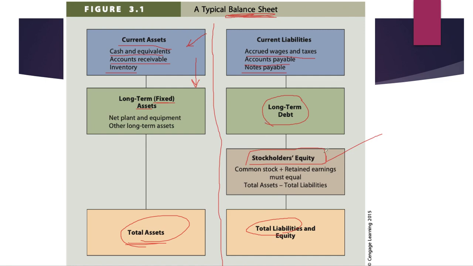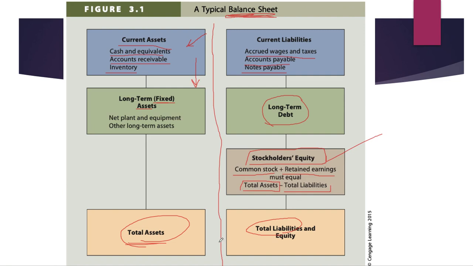And then we have the stockholders' equity that contains the common stock, retained earnings, and when we add them together, this must be equal to the difference between total assets and total liabilities.